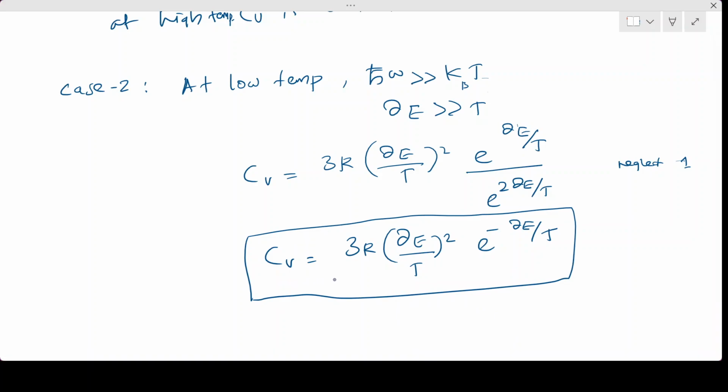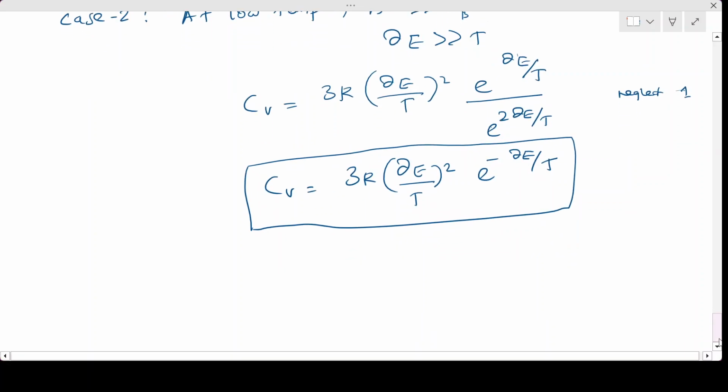So there is an exponential term in the specific heat capacity. That means at low temperature the specific heat is decreasing exponentially with decreasing temperature.